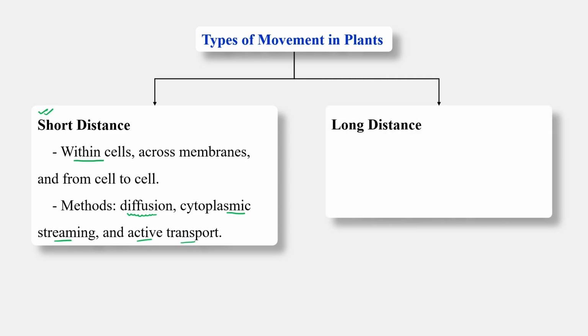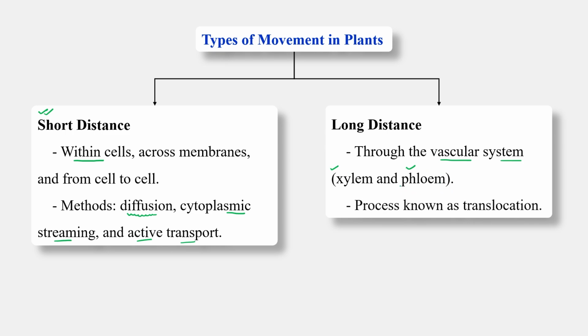But if long distance movement is required, then the plant requires a specific system, meaning the vascular system, which contains xylem and phloem. Movement of water occurs through xylem and movement of food occurs through phloem, right? And this movement of water and food, this process is known as translocation.